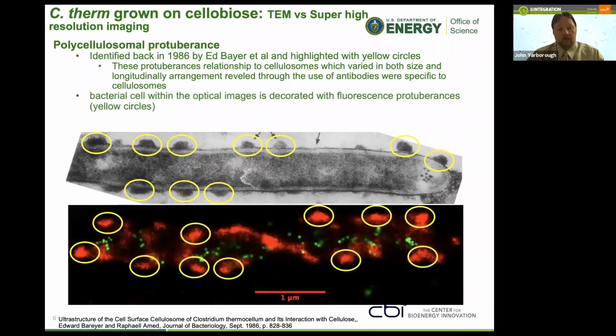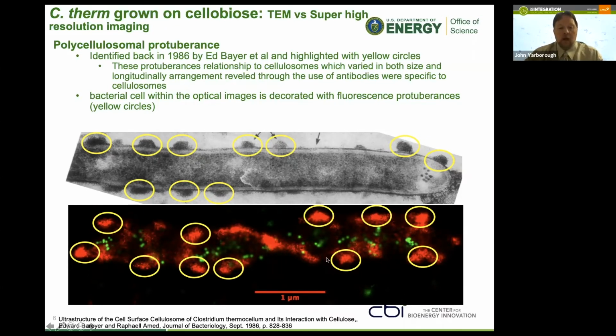Well, 30 years later, we take the same bacteria, run it through super high resolution, and what we notice is when you tag the cellulosomes with the CBM3 and the Alexa Fluor 647, we see very similar structure on the outside of the bacterial cell wall, signifying that yes, what he was seeing back in 1987 is in fact these polycellulosome protuberances, which is a high concentration of cellulosomes decorating the exterior of the bacterial cell wall.